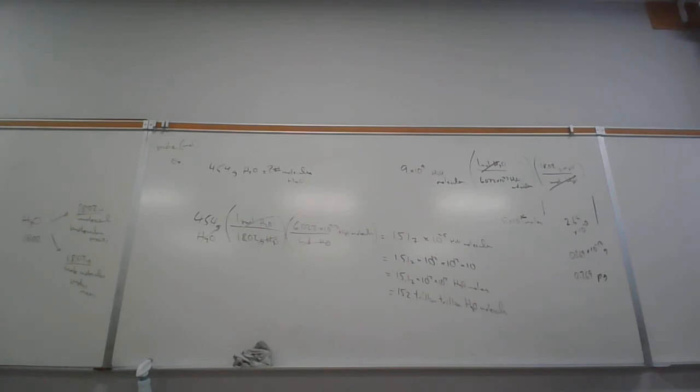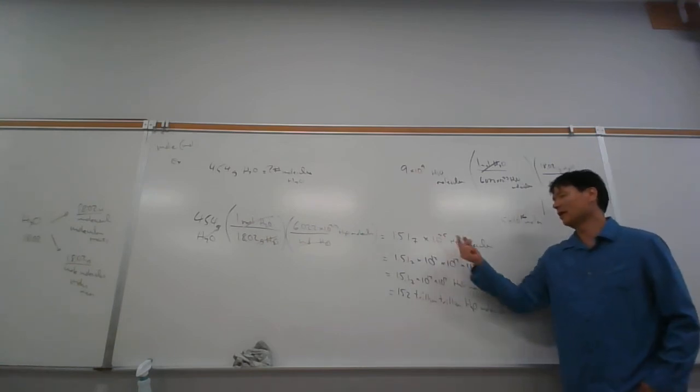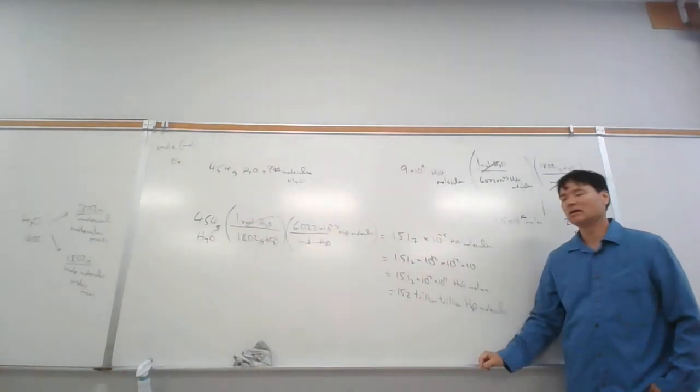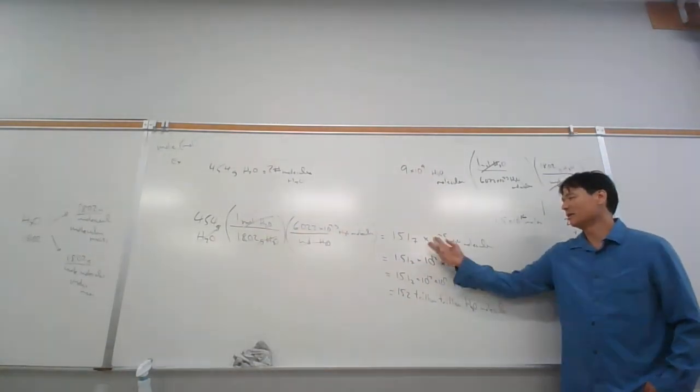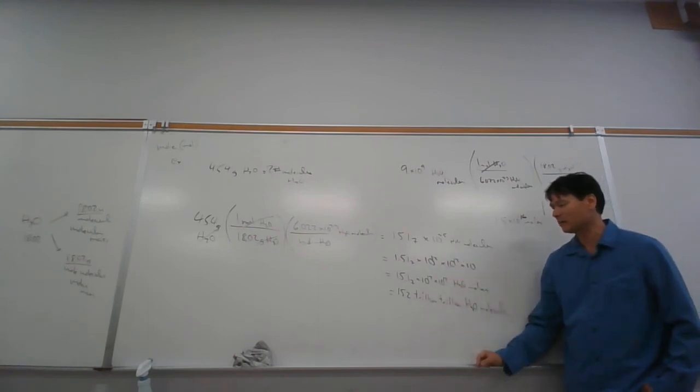Why did you multiply by 12? I need to get 10 to the 25th. Is there a metric prefix for 10 to the 25th? No. And so I didn't want to write in scientific notation. 10 to the 25th is a hard number to grasp.